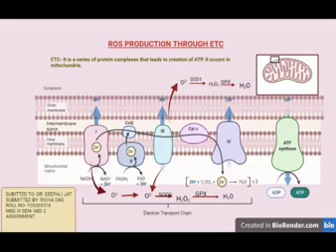Complex 4, also known as cytochrome C oxidase, transfers electron from cytochrome C to the terminal electron acceptor, oxygen, to generate H2O. The last complex, also known as the ATP synthase complex 5, is normally called F1F0 ATP synthase and consists of two functional domains, F0 and F1.